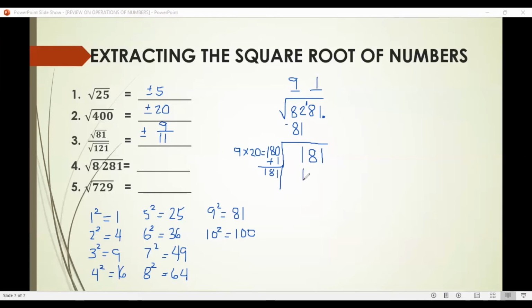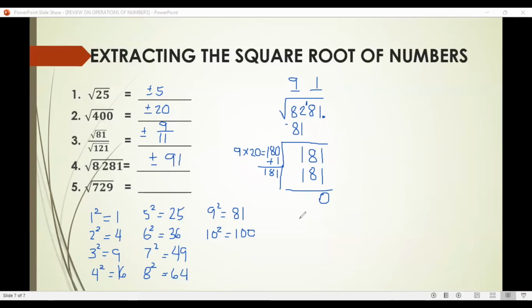And 1 times 181 is also 181. So we are going to write that below the 181, and subtracting now 181 and 181, the answer that we are getting is 0. So our given 8,281 is also a perfect square, which means that 91 times 91 is 8,281. So our answer here is positive negative 91.